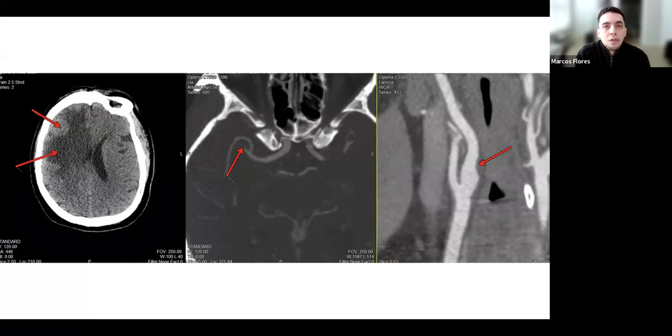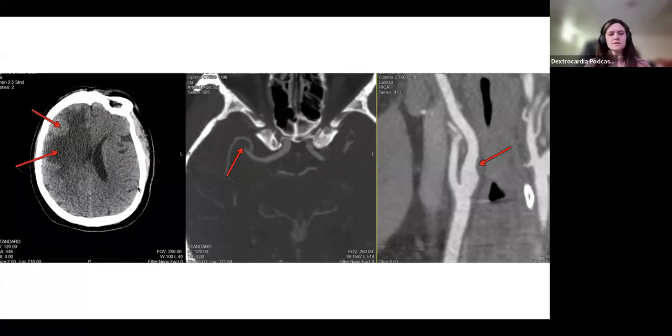Since vasogenic doesn't respect the blood-brain barrier, you're not going to see a difference between white matter and gray matter. With the cytotoxic, since it's inside the cell, you can see the difference. It will respect that boundary. Interesting. Okay. Thank you.